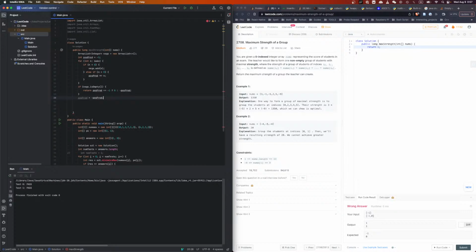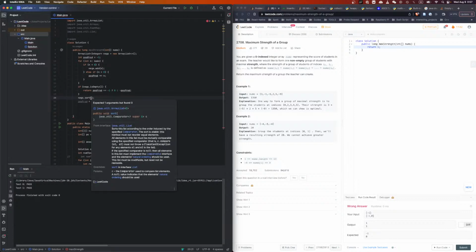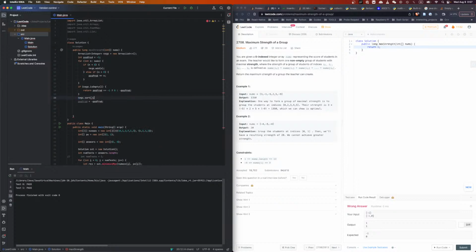We just want to pick the maximum on negative, which means the maximum on the negative we can find out by doing negs dot sort, right? Oh, I can't do that. Has to be, wait, array? Hold on.